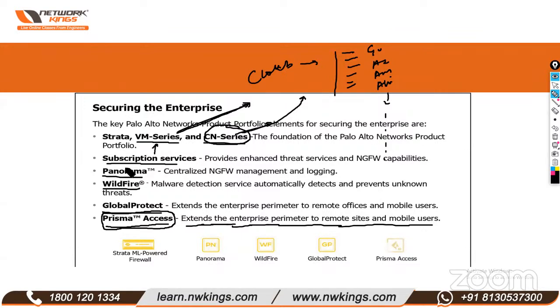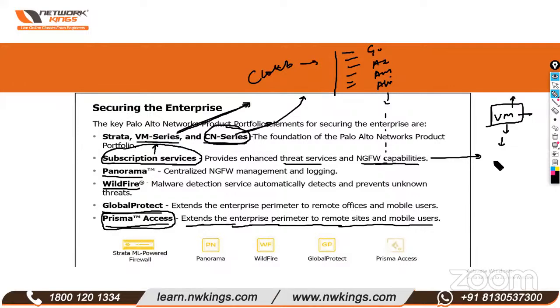Now, once you implement this VM-Series or the CN-Series or the appliances, we will have something called subscription services. These subscription services will enhance the threat services and NGFW capabilities. How exactly? When you have an appliance or a VM-Series firewall, you will get updates once you have a license on the VM or the appliance.